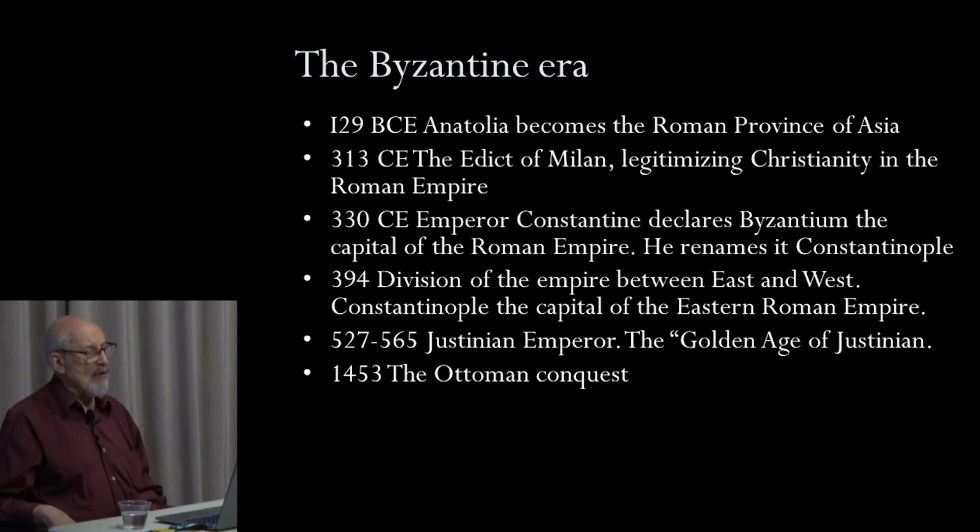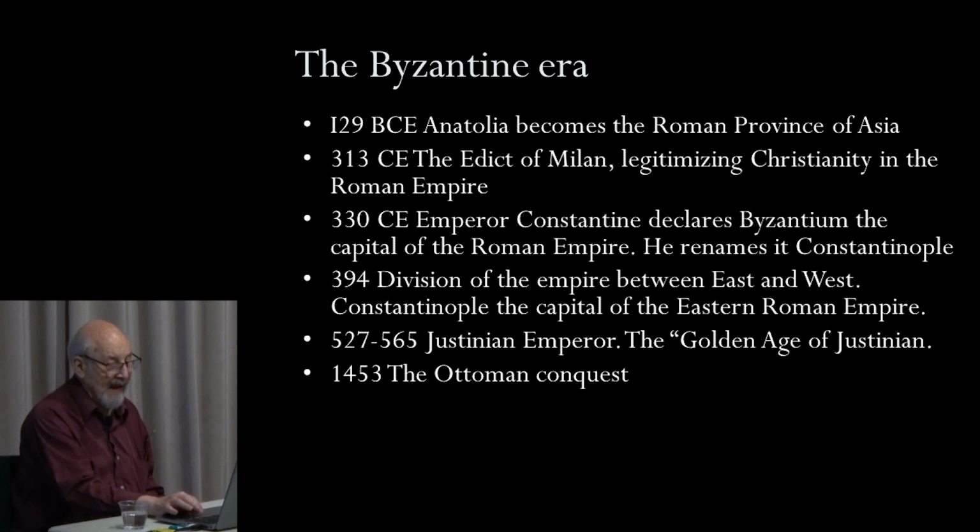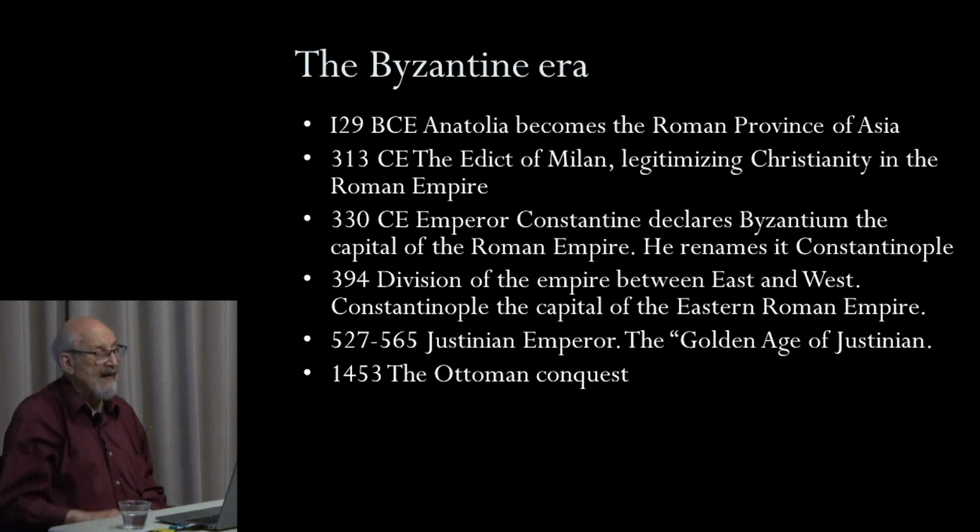So just a quick rundown of historical facts. In 129 BCE, Anatolia, what is now Turkey, becomes the Roman province of Asia. In 313, Constantine issued the Edict of Milan, legitimizing Christianity.